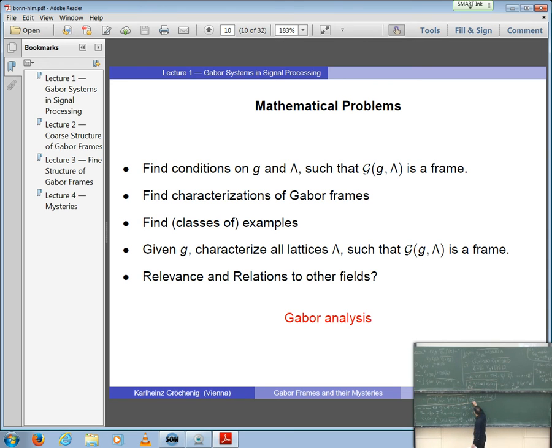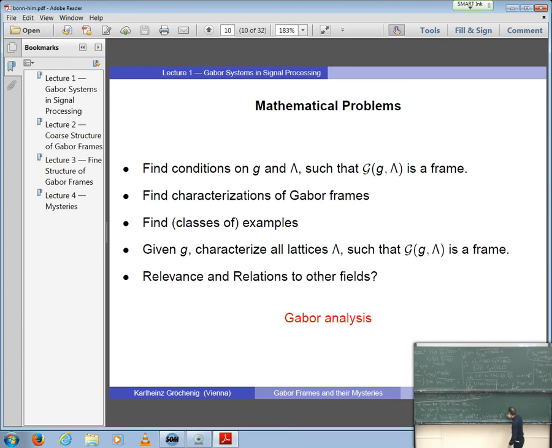I switch the order, so this is pi mu f, h without complex conjugate. So this is true for all h in L2, so we can drop it. And I obtain that f equals this sum here.